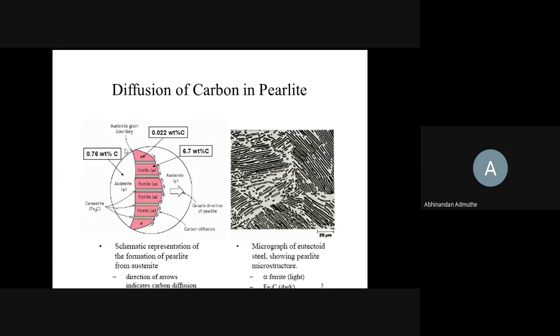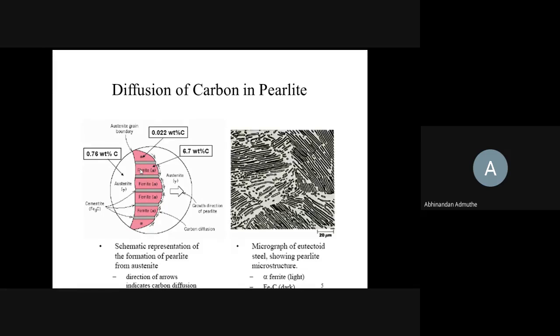So this is our austenite grain boundary, and over it, the first gray color plate, you can see it here, the first layer of cementite forms. Cementite is a hard and brittle phase, and it is an intermetallic compound, Fe3C, with a fixed stoichiometric ratio, fixed chemical composition, 6.67% carbon.